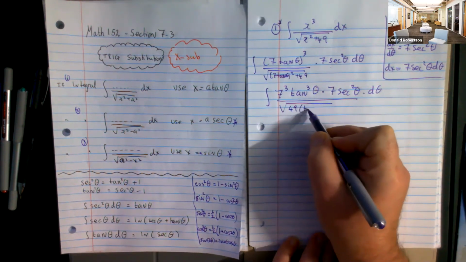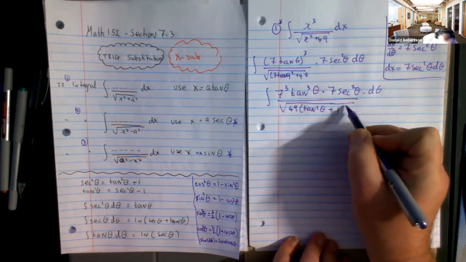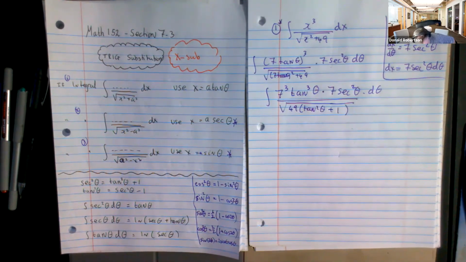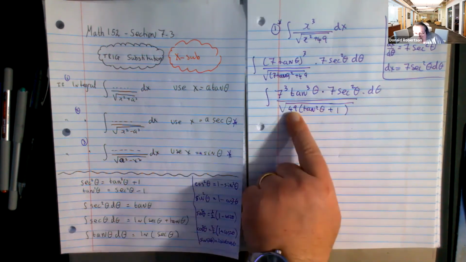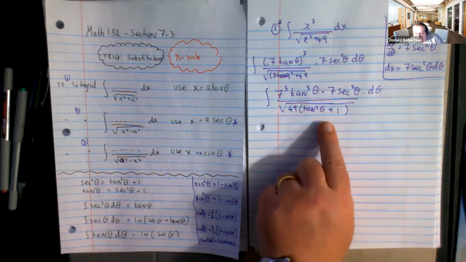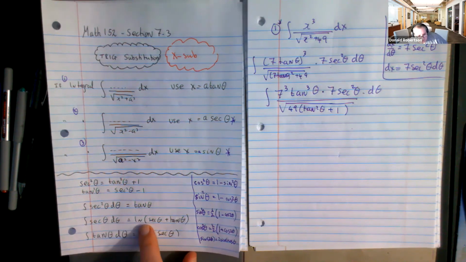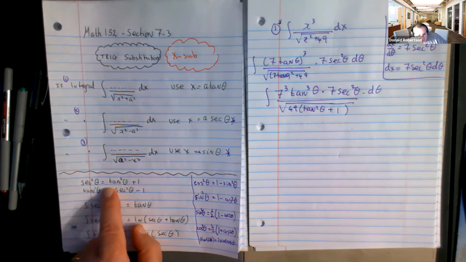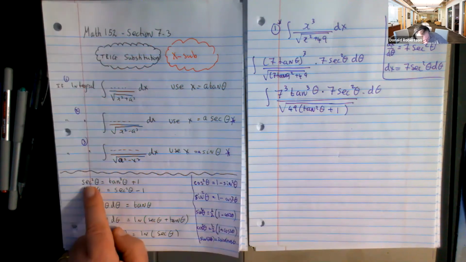So I'm going to save a line of working by pulling out the 49 as a common factor and getting that. Now, just like in every other question, won't this ugly square root disappear and become something a little bit nicer? Tan squared plus 1 is over here somewhere. In fact, it's there. So tan squared plus 1 is going to get replaced by secant squared.